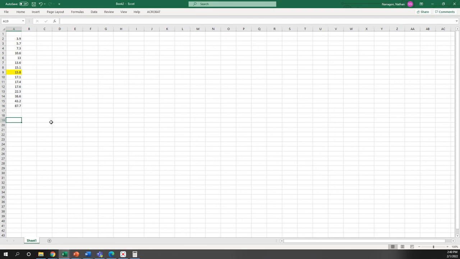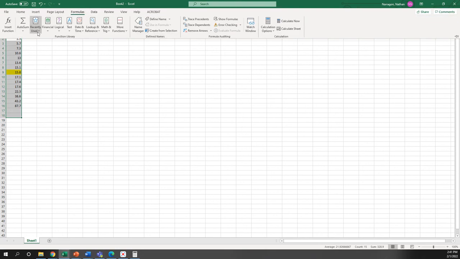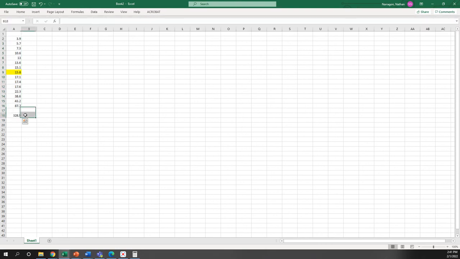Okay. Next, we need to find the mean. So again, you can highlight it all down at the bottom. It will still show you the average. We're going to do it ourselves. So formulas, auto sum. There we go. Then we use our formula, auto sum divided by 15.